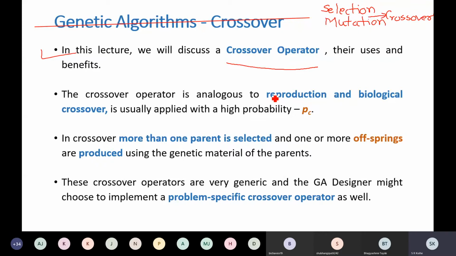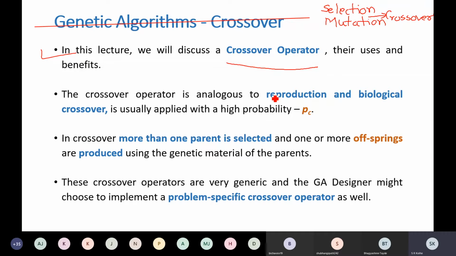Specifically, what we do in crossover, we generate offspring based on some of the bits of one parent and some of the bits of the second parent, if your representation is bit representation. If it is integer representation, then some of the integers from the first parent and some of the integers from the second parent. So that's how new offspring will be generated.